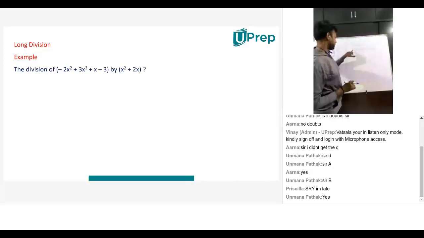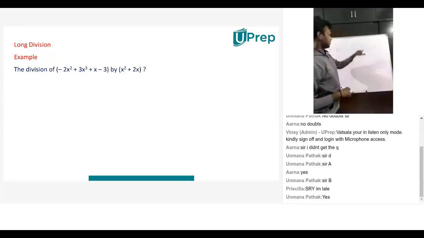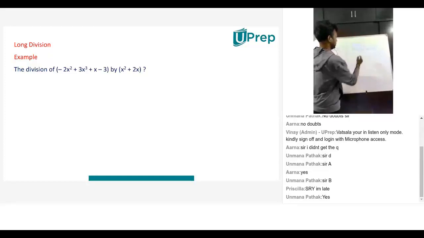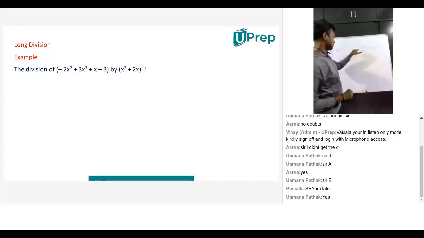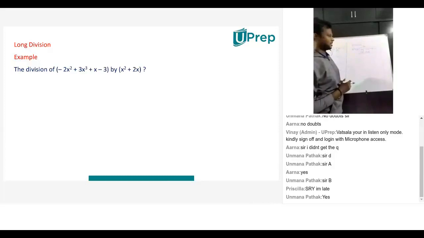Okay, I'll tell you. x square is here, 3x cube is here. Now if I take 3x, 3x into x square will be 3x cube. And 3x into 2x will be plus 6x square. Now I subtract.